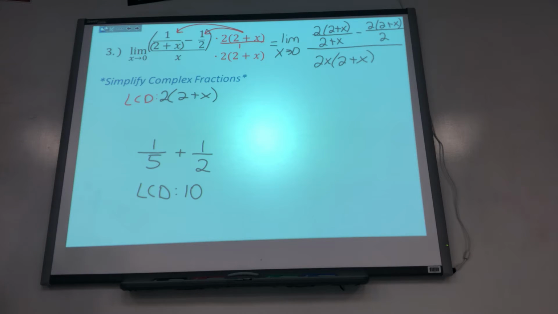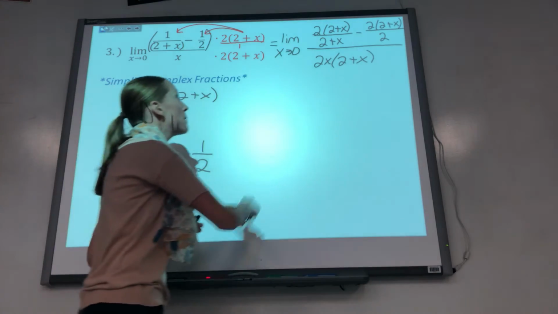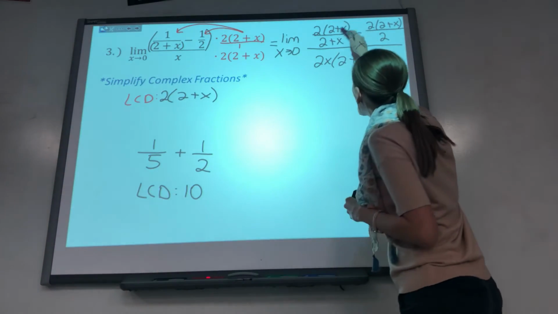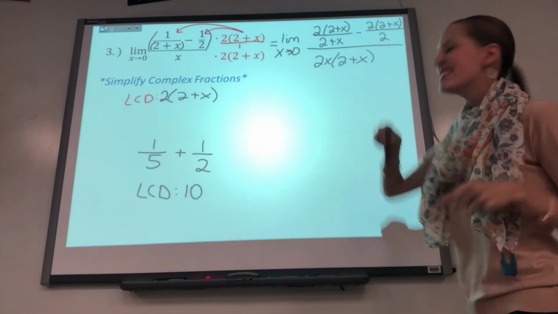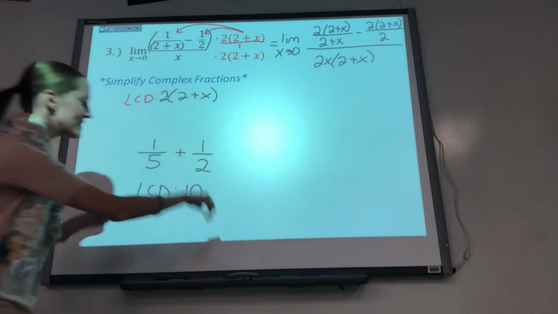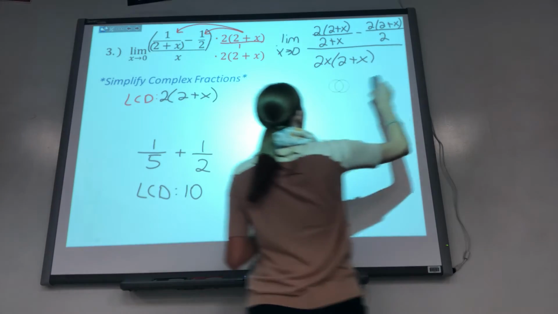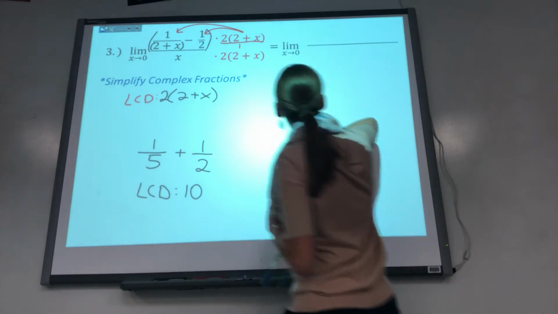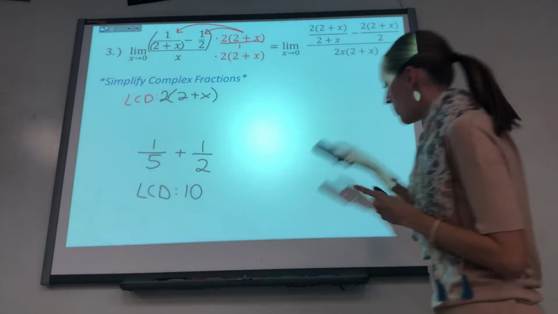Would it not be easier if you distributed your LCD, like -4 plus 2x? You can, but the next step up here is going to be to start crossing stuff out. So I would probably just leave it with the 2's because that is going to be the next thing that happens. Let me catch up here to the PowerPoint.